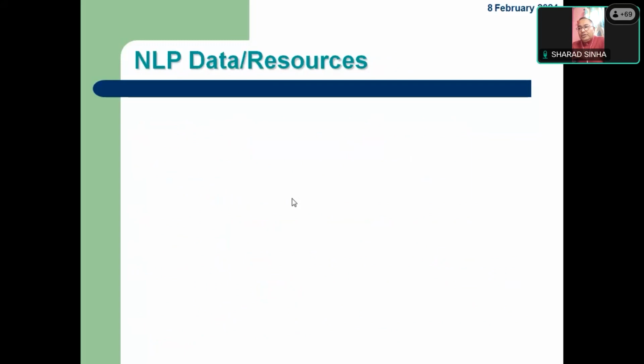Now, what data resources do we need? First of all, to process natural language is not so simple, so we need the help of linguistics. We need to understand all the linguistic terms which deal with a particular problem. We have to understand the problem domains in the linguistic area of a language, and also the phonetics. Although it is a part of linguistics, it is dealt with separately.